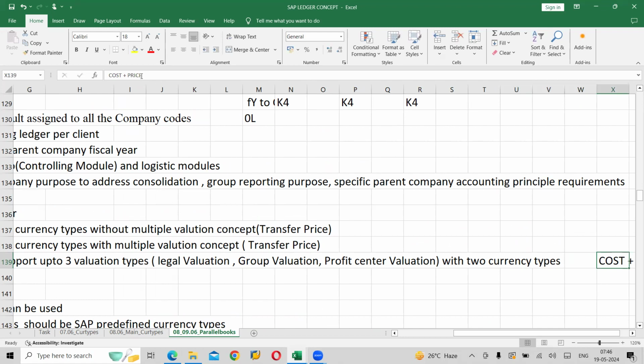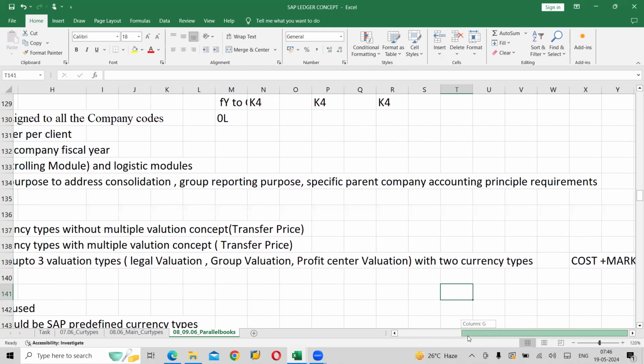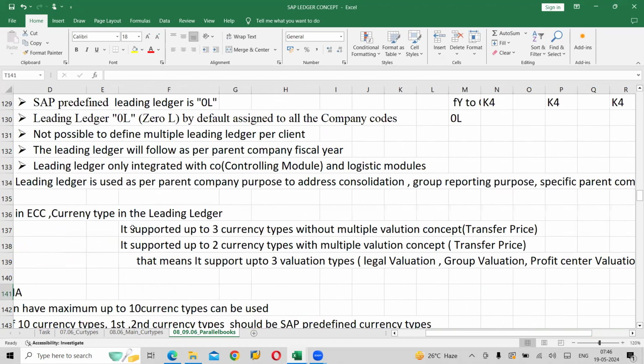So whenever we are doing cost plus markup price, okay, again I'm reiterating, it supports up to 3 currencies.